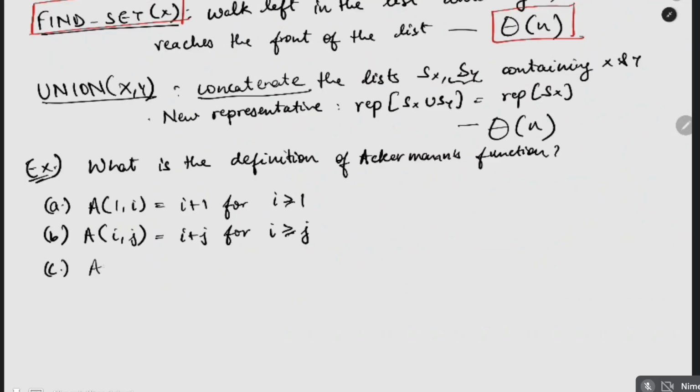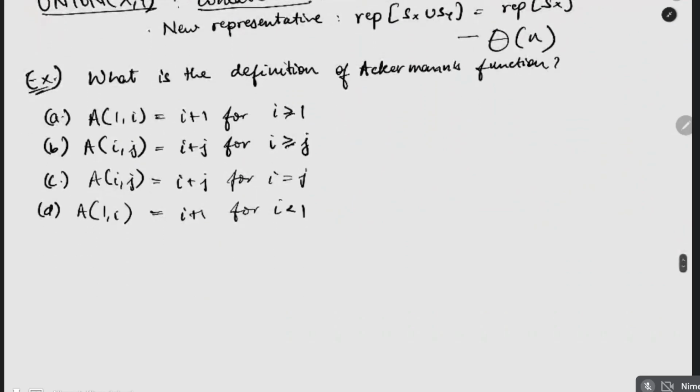C is i plus j for only i equal to j. B is A(1,i) as i plus 1, but only for i less than 1. Okay, so for this we simply need to look at the definition of the Ackermann function.